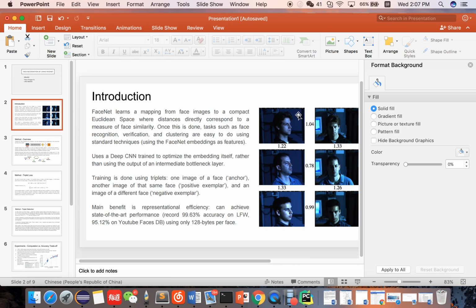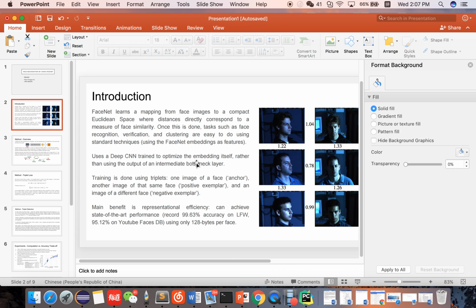According to this distance property, we can see that 1.04 is smaller than 1.1, so these 2 pictures belong to the same identity. 1.22 is larger than 1.1, so these 2 pictures belong to different identities.